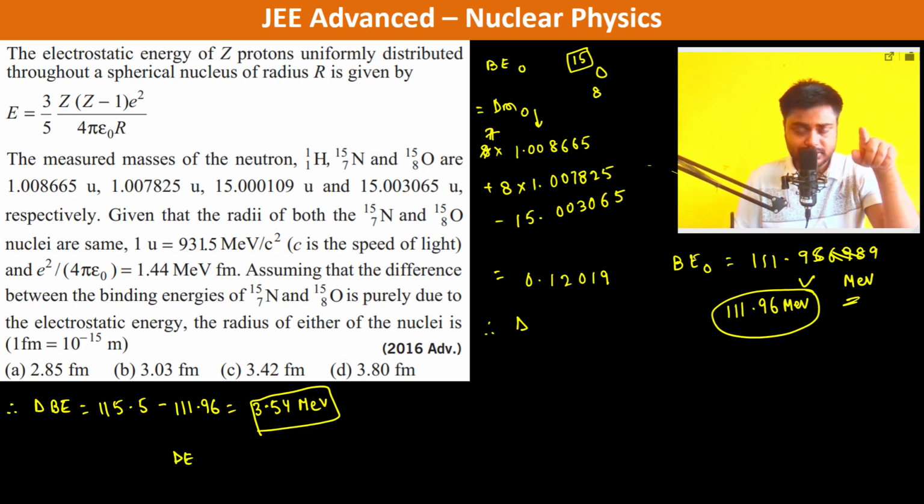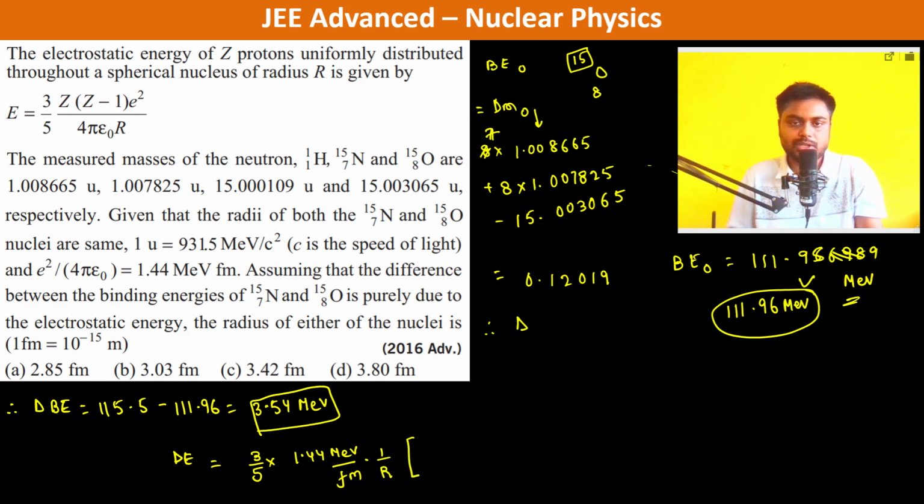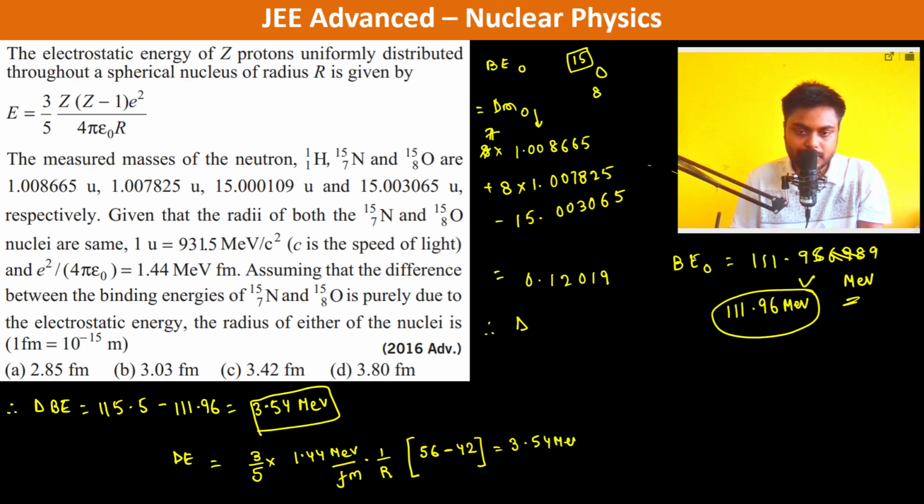So delta E, that is the difference in electrostatic energy, is going to be 3 by 5 into 1 by 4 pi epsilon naught. So e square by 4 pi epsilon naught, this is already given, 1.44 mega electron volt femtometer, into 1 by R. Now Z into Z minus 1. For oxygen it's going to be 8 into 7, which is 56, and for nitrogen it's going to be 7 into 6, which is 42. Now this is going to be 3.54 mega electron volt.